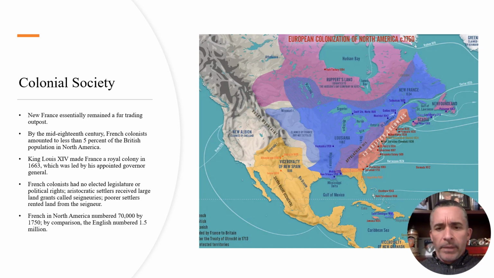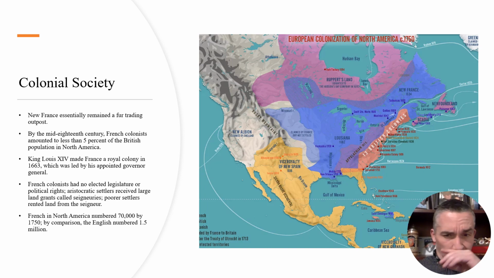By 1750 there were about 1.5 million English colonists versus about 70,000 French colonists, and you see New Spain there to the south, what is today the American Southwest and Florida. There were only about 50,000 New Spaniards in North America.